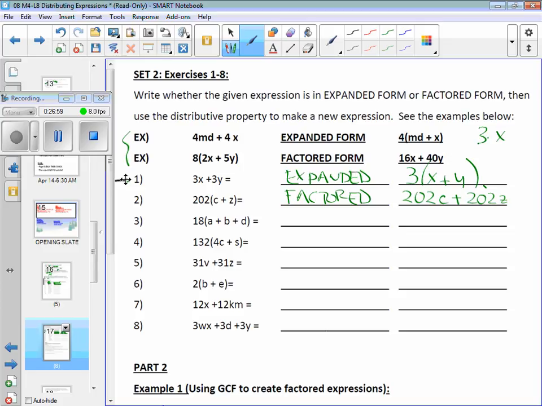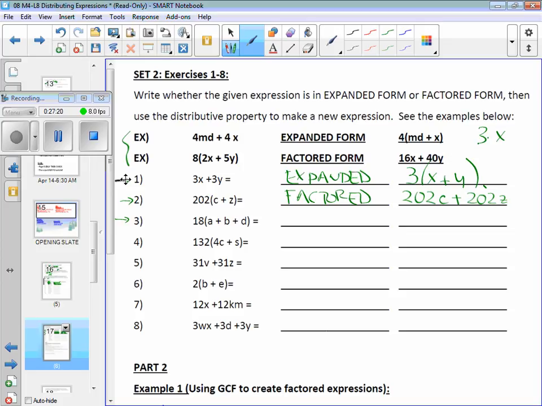C line through it. Are you good with it? Yeah. Want to try 3? Let's do one more together. If it's factored already, you're going to expand it.